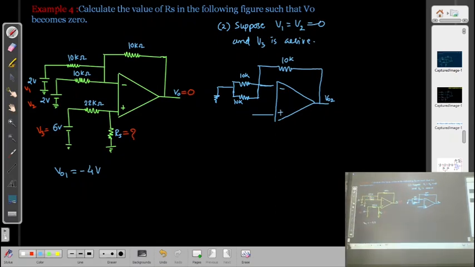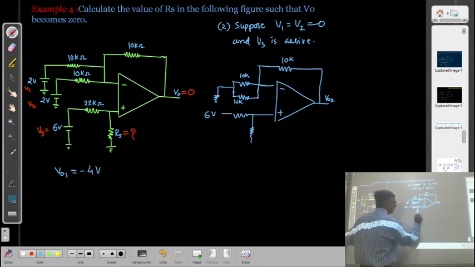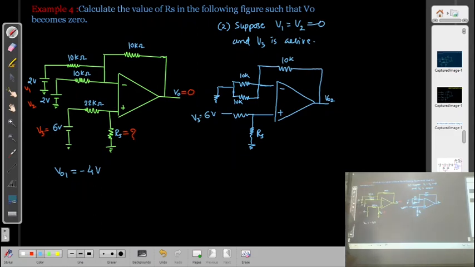Now at this point, what we have, we have this resistance. Here we have a 6 volt, and another resistance is there, that is RS. So V3 is equal to 6 volt.